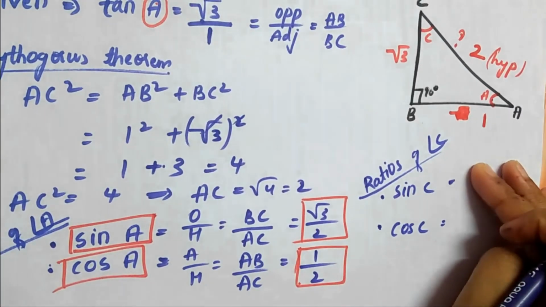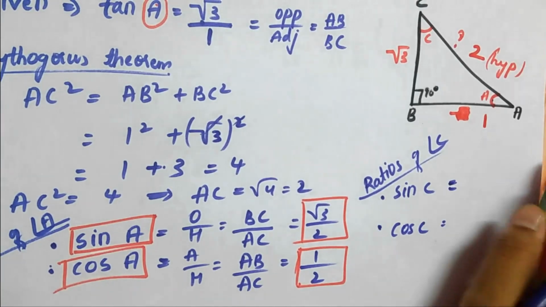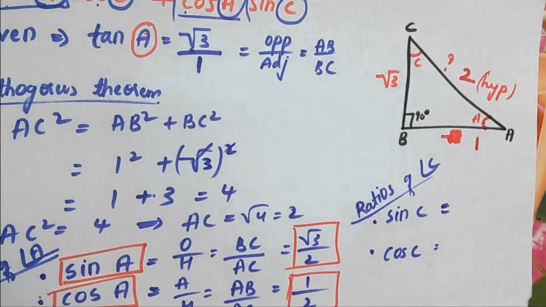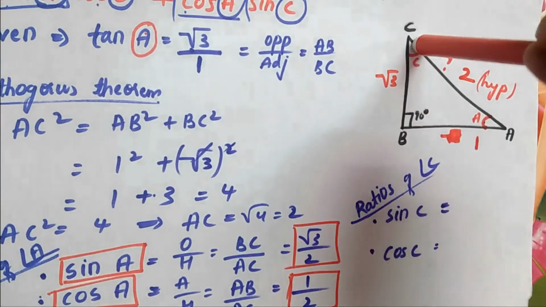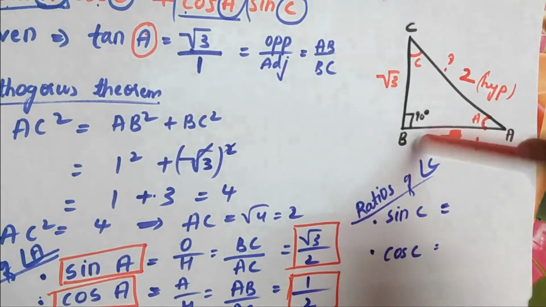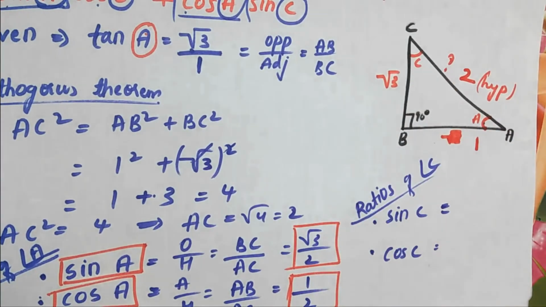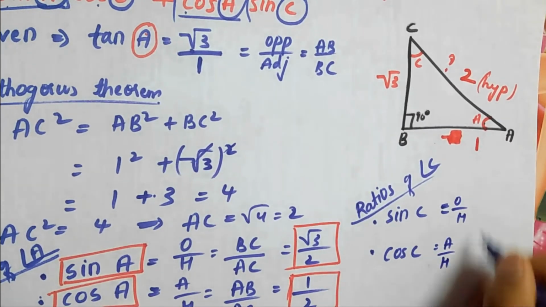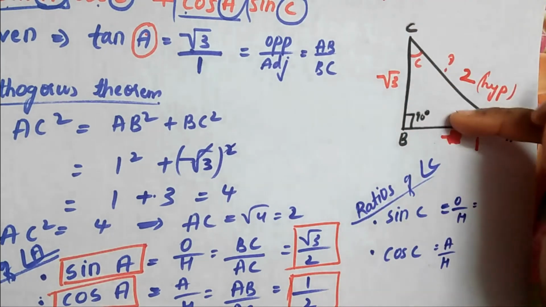We will not repeat it, but we will see it from a different angle. For angle C, what is the opposite? It is AB.